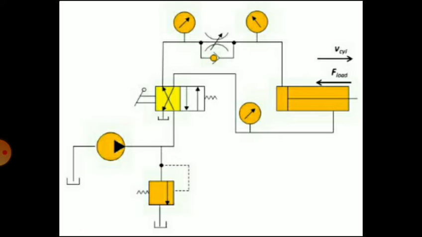After the pump there is a pressure relief valve that is used to maintain a constant pressure in all the parts of the system. Then the flow is passed through the direction control valve. You can see there is a 4 by 2 DC valve, and the flow of fluid is indicated by a line having arrows.